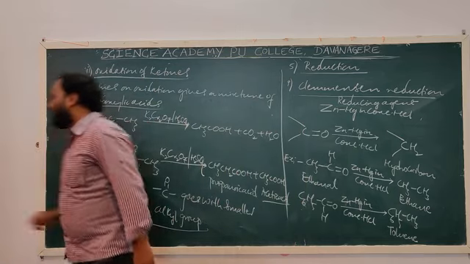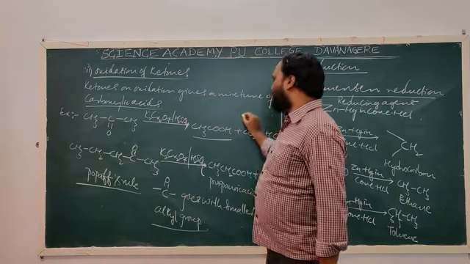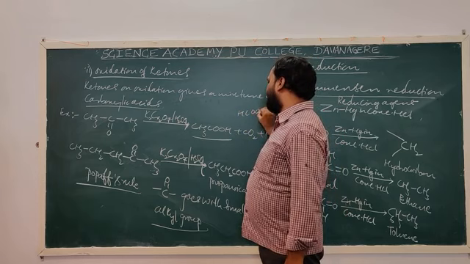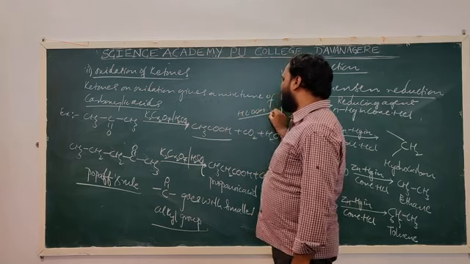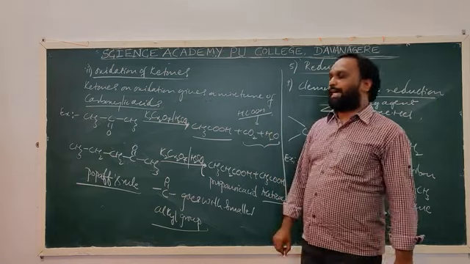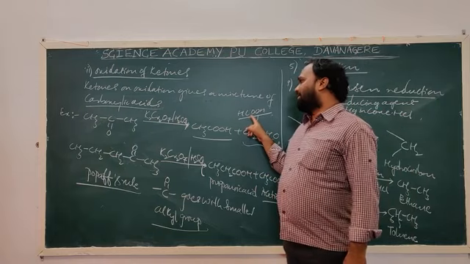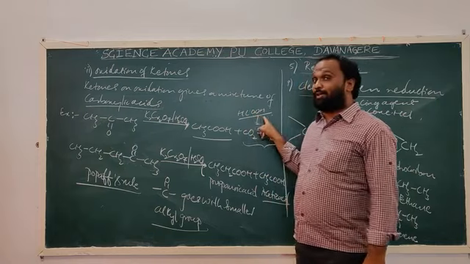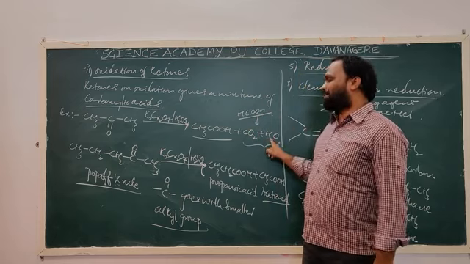Here we get acetic acid and formic acid. This formic acid undergoes further oxidation, giving carbon dioxide and water. Remember, this is the only acid which undergoes oxidation, giving carbon dioxide and water.